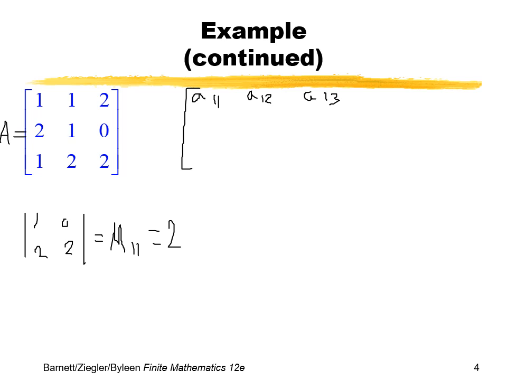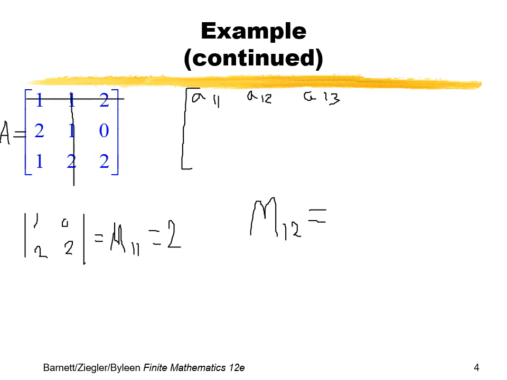Okay, the minor of the element A12, which we'll call M12. The minor 1,2 comes from the element A12 after neglecting, or cancelling out, or excluding this element's row and this element's column.